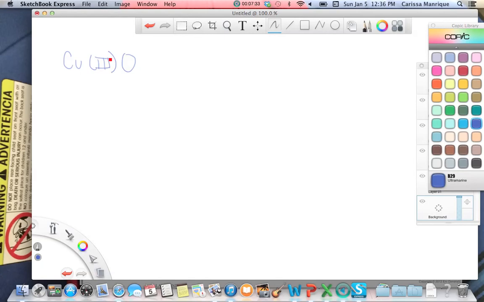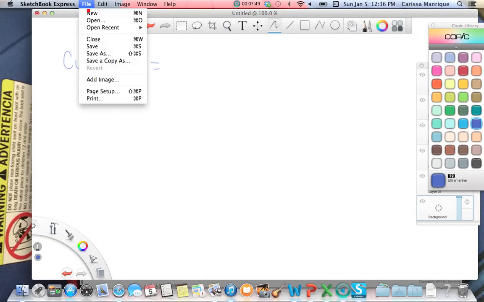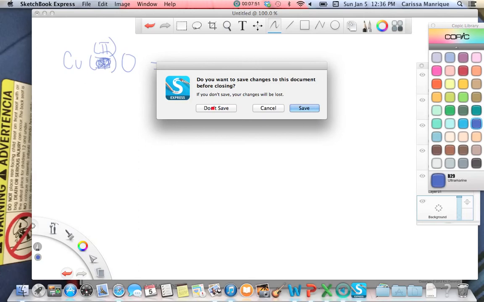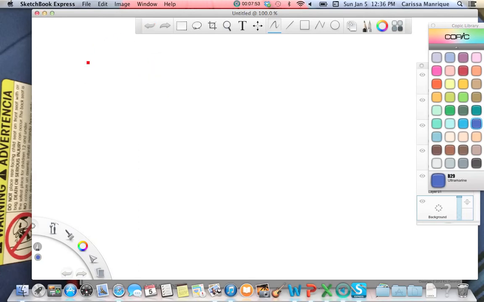Let me just erase it. Okay. Copper 2. Okay, so what am I going to do? So the only thing you will see here is CuO. I don't know why I'm writing the Roman numeral. Okay, let's start all over again.